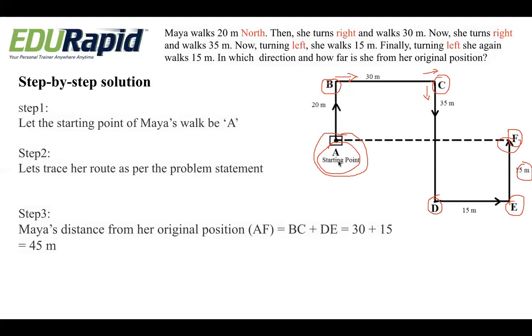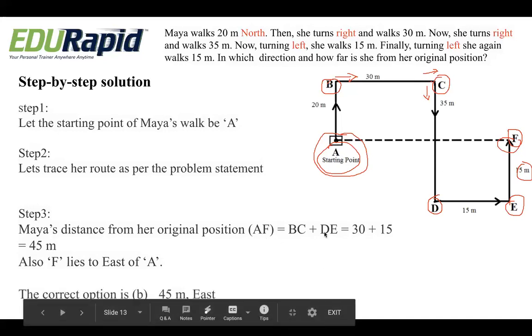In this case, the distance between A and F is BC, which is the same as the distance between this point and this point, plus D and E. So AF is equal to BC plus DE, which is 30 plus 15. So it is 45, and F lies to the east of A, as I told. The correct option is option B, which is 45 meters east.